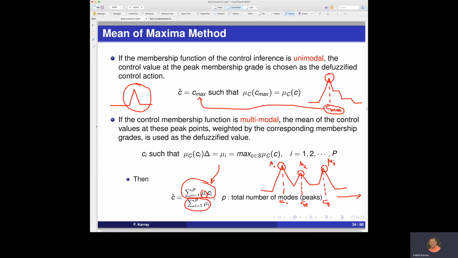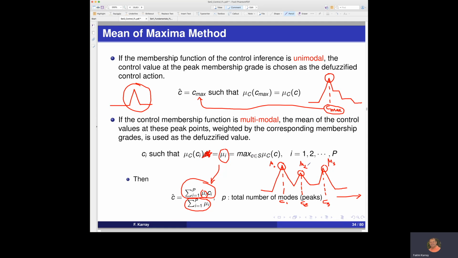So when we are dealing with a multimodal membership function, this is what we should be obtaining in this representation. Here I don't know what this delta is, so it should not be there. But possibly it means the range, the maximum range where this part of the membership function is taking its maximum.